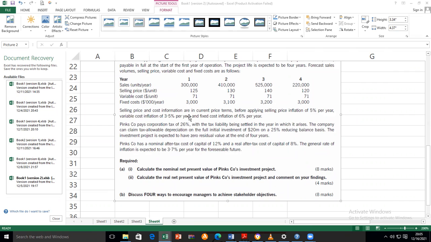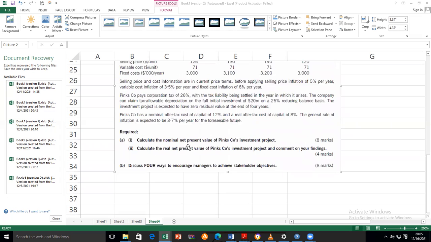Selling price and cost information in current price terms, applying selling price inflation of 5% a year, variable cost 3.5%, and fixed costs 6%. So the first one, to calculate the nominal net present value. What does nominal mean?